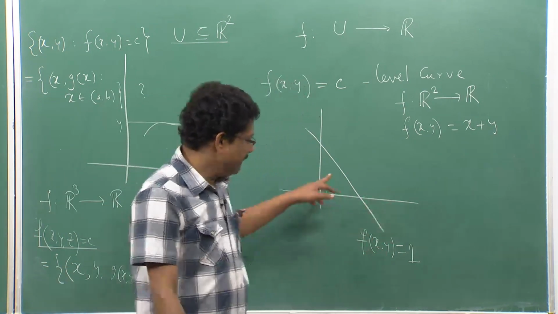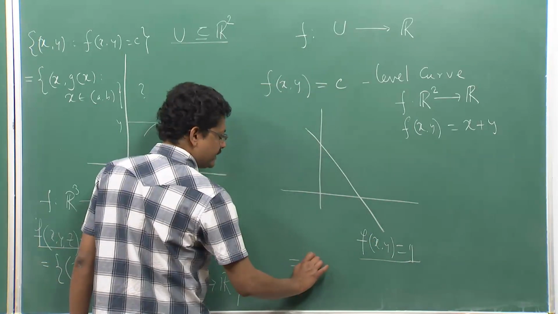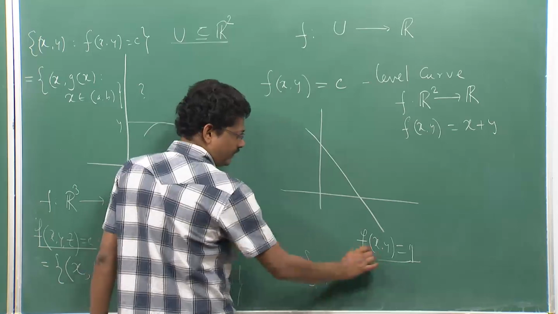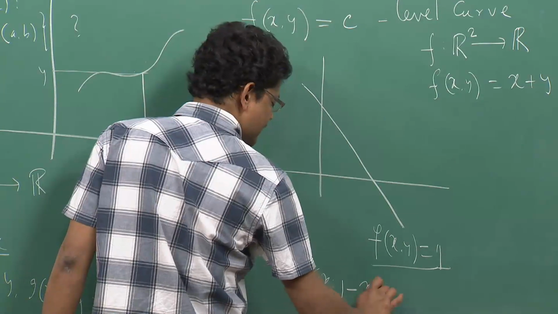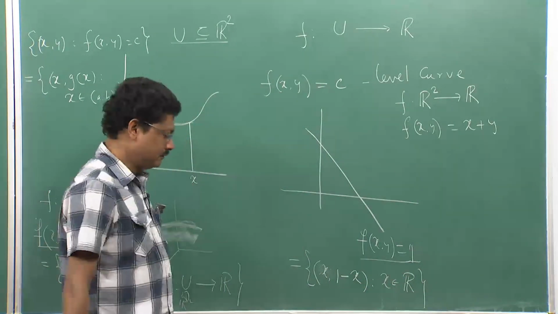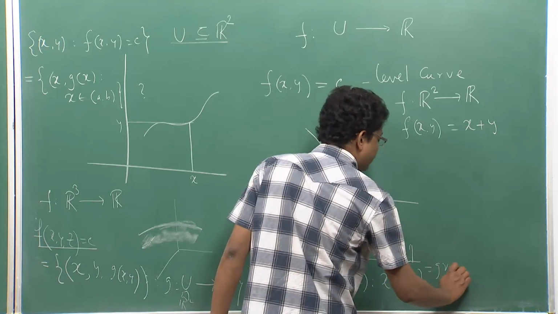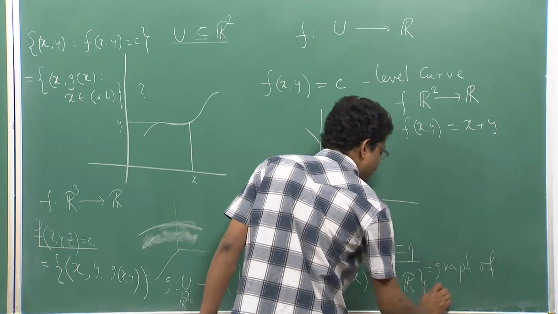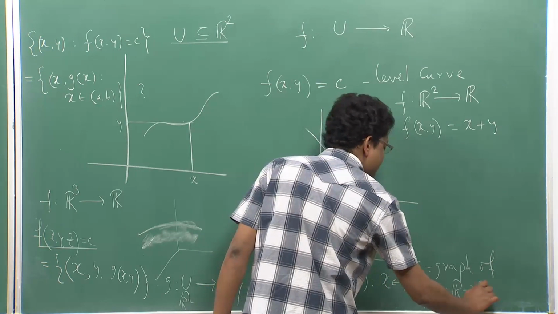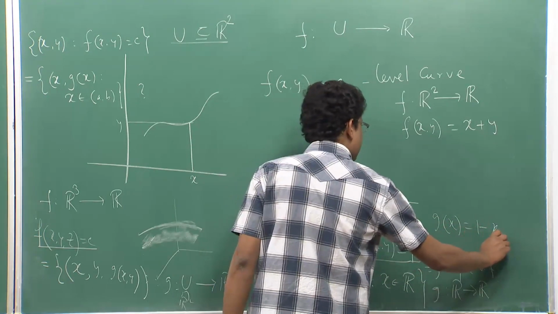Well, if you look at this example, f(x, y) = 1, you can easily see this is actually the set of all points (x, y) with y = 1 minus x, x in R. So, this is the graph of a function g, where g is from R to R and g(x) = 1 minus x.